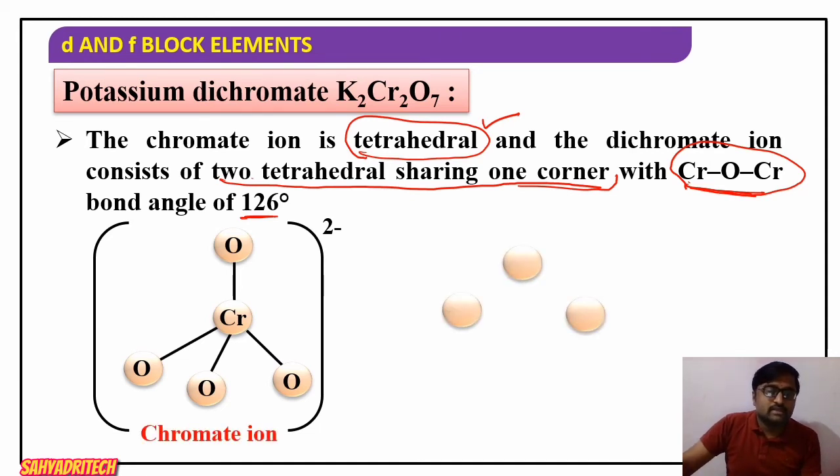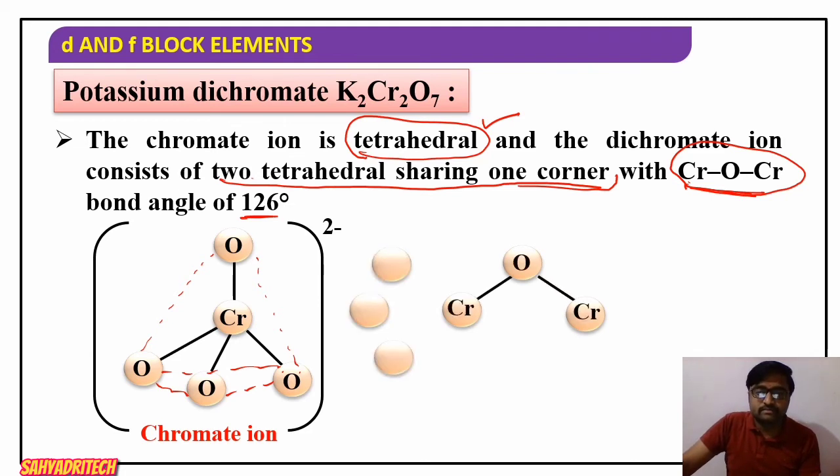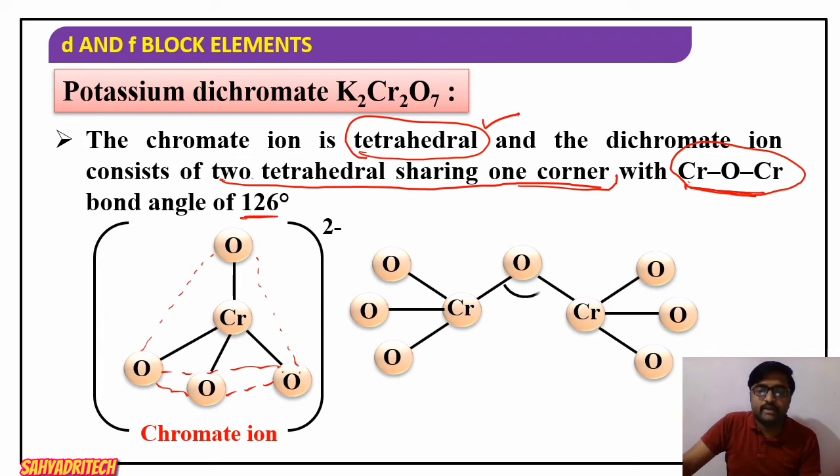The imaginary line which joins the oxygen atoms gives a tetrahedral unit. On the other hand, for the dichromate ion, there is one chromate unit and another chromate unit, so dichromate.